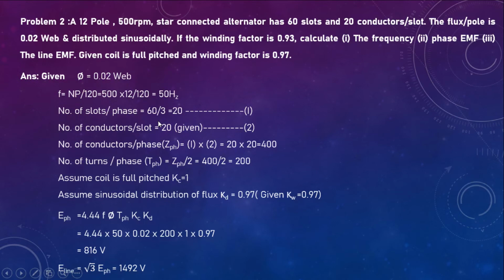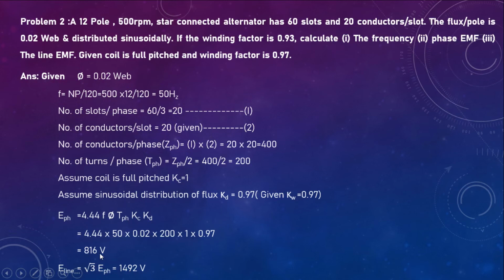Number of conductors per slot is 20, as given. Conductor per slot is equal to 20. Slots per phase 20. How will you get the number of conductors per phase now? If we multiply these two, we will get the number of conductors per phase, that is 400. Z phase we got 400, so T phase will be 200.